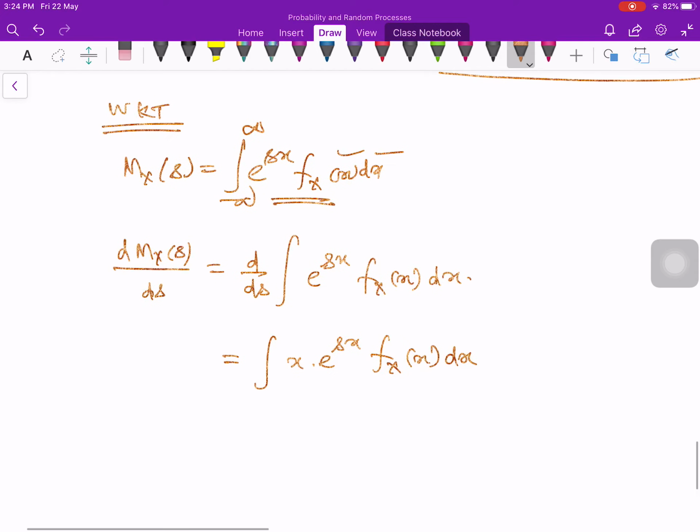So this is the first derivative, d by ds of M sub x of s.